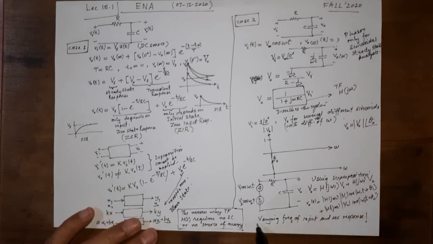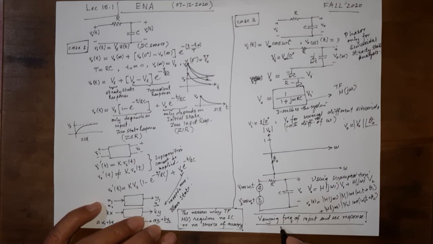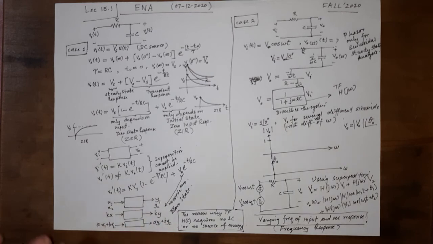But now we are gradually trying to move towards circuits where we are interested in seeing how they behave based on how the input frequency is changed. This is something that we would later attribute to frequency response. So we will gradually move to that.